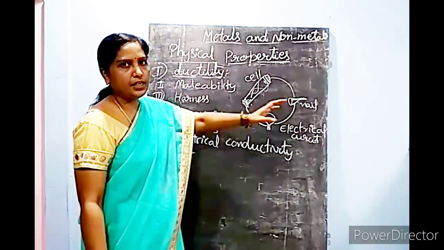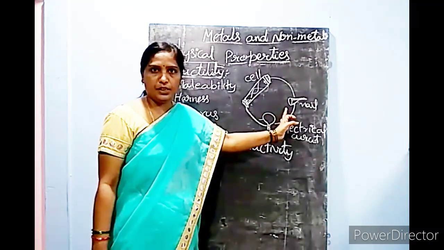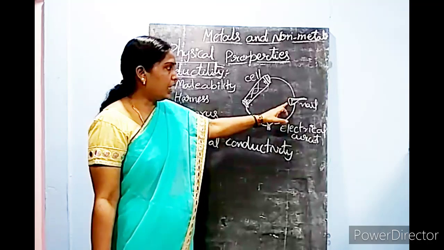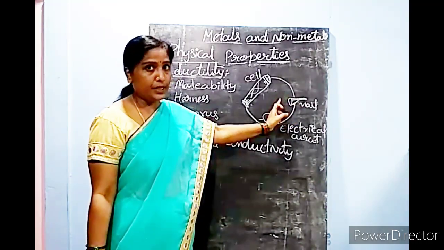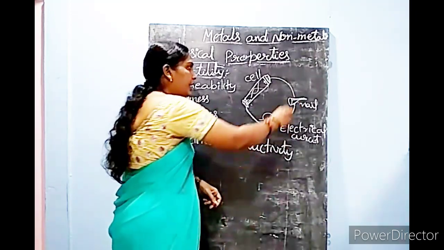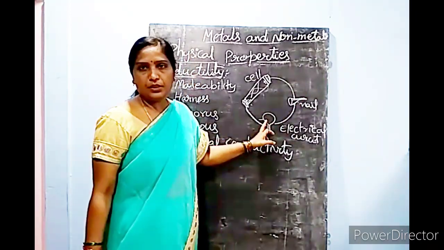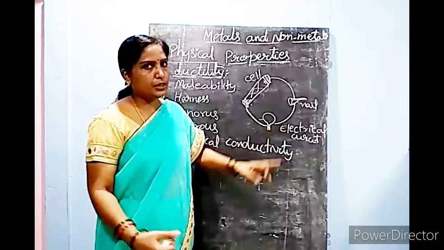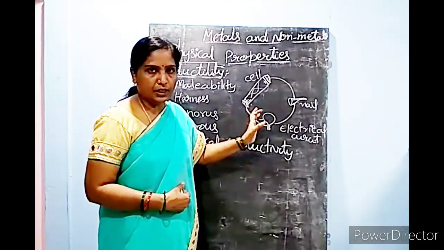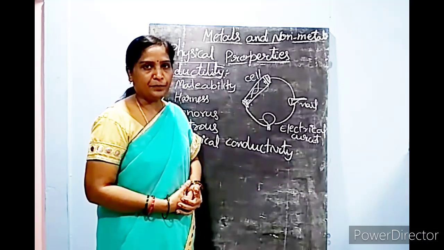So instead of the iron nail, you take different materials which are available in your home, like wood or rubber or your pencil, and give the connections and observe whether the bulb is glowing or not, and you can identify which are passing electricity.